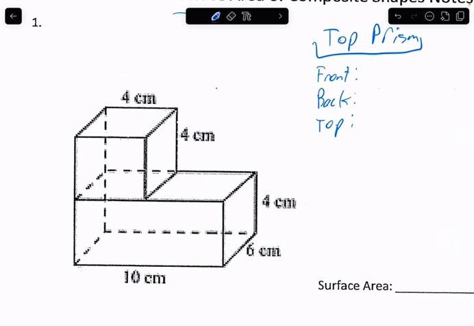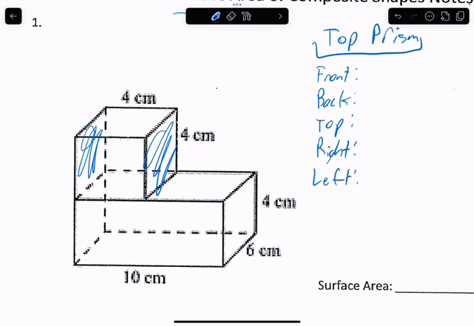It's in between both of the prisms. So we're not going to color that bottom, but we will still color the right, and then we'll also color the left.